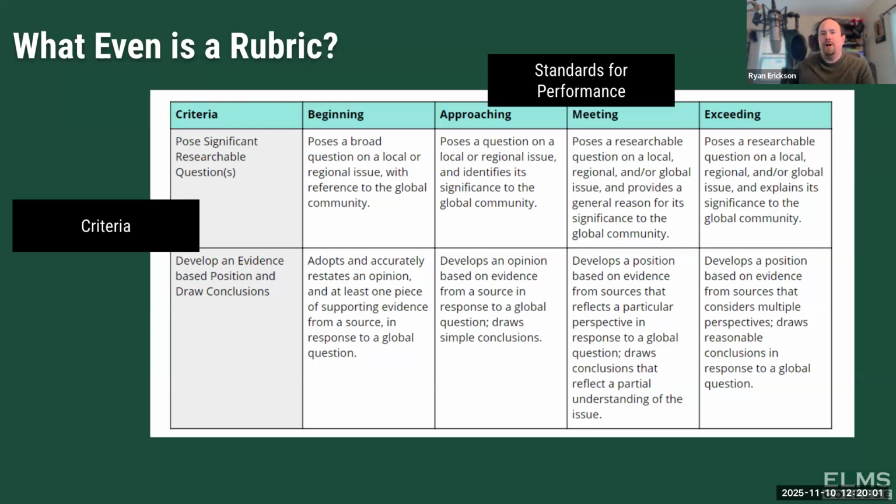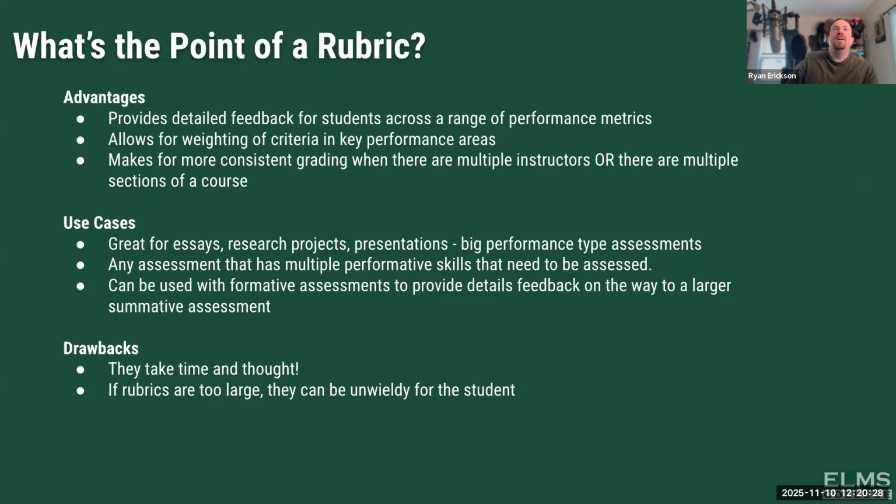It often takes the form of a table where the leftmost column has some type of performance task. That task is then measured against a ranged, scaled standard of performance, usually starting with something like beginning or approaching, and ultimately ending up with meeting and then exceeding the expectations for that performance criteria. These are really, really handy things.